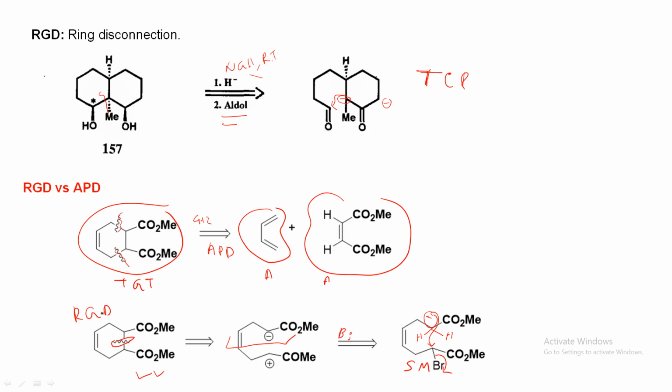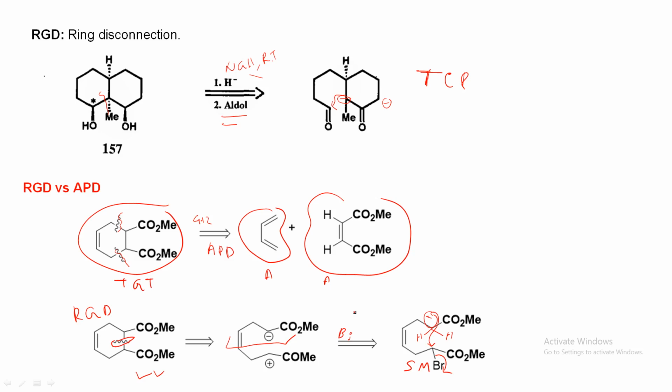And from the synthesis point of view, we have to say that this approach is easier than this. So for this case, the APD disconnection is more favorable, but obviously this is also an option you can take. And these things, the APD, RGD, and other FGIs, are all tools to enable you when you approach a complex molecule.